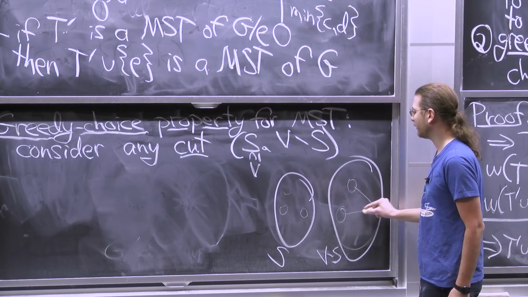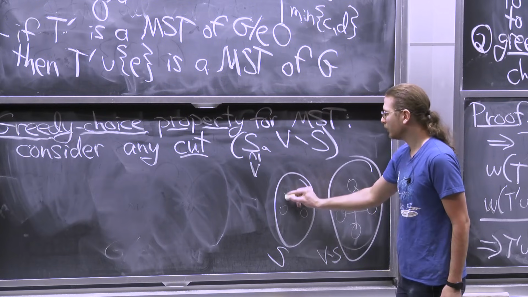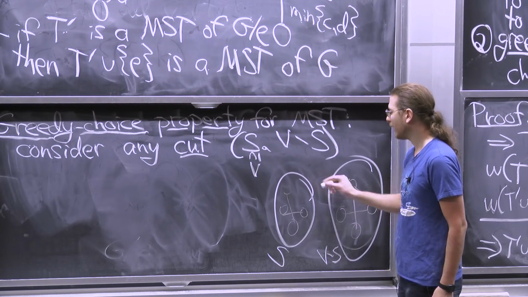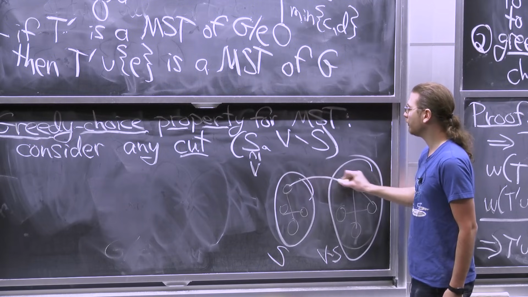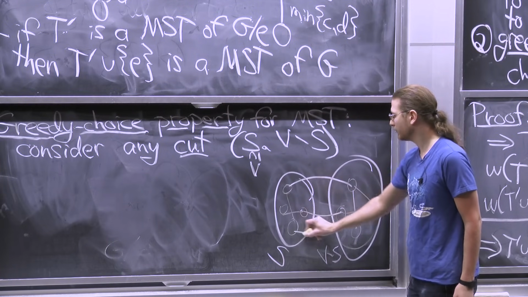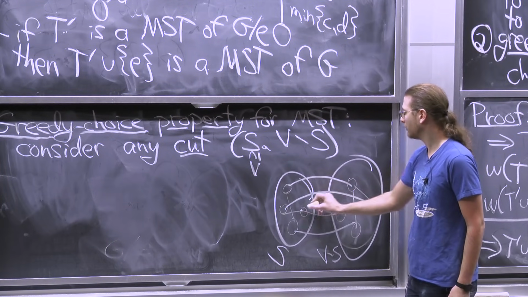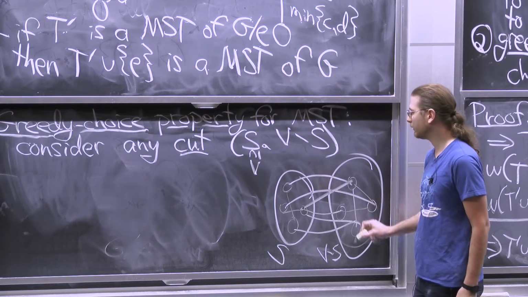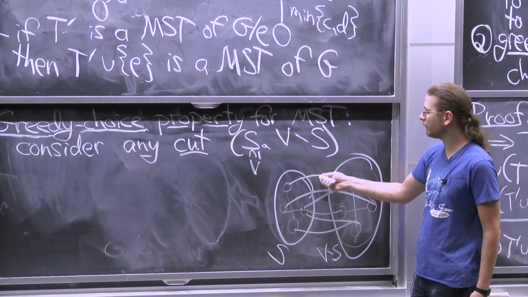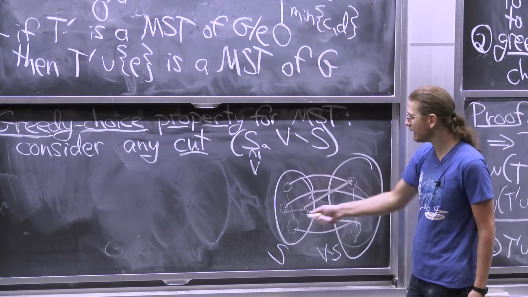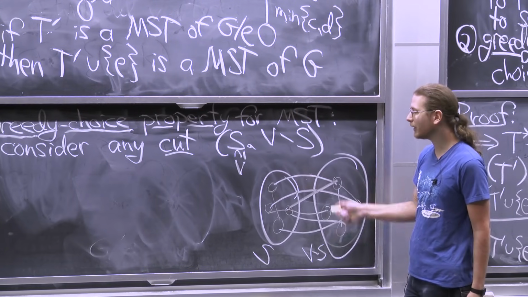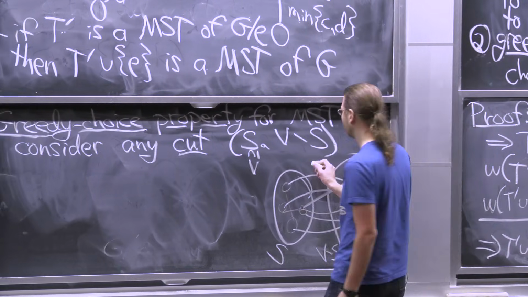There's some edges that are purely inside one side of the cut. And then what I'm interested in are the edges that cross the cut. Okay, whatever they look like. If an edge has one vertex in S and one vertex not in S, I call that edge a crossing edge.